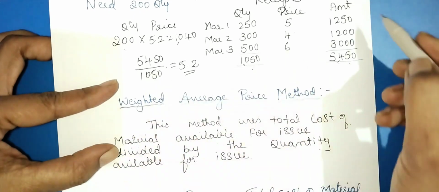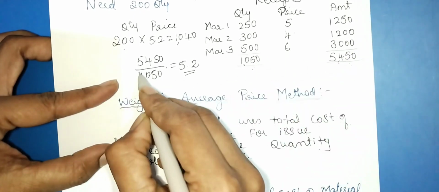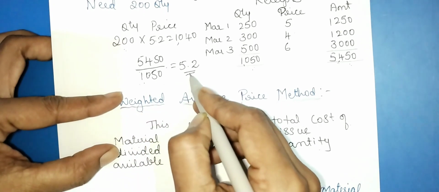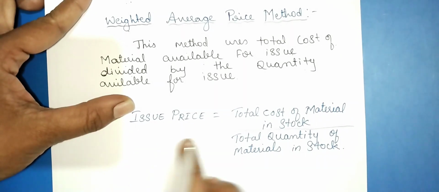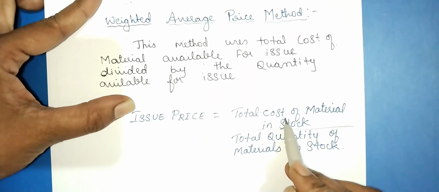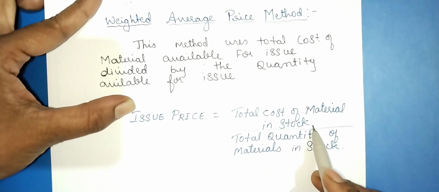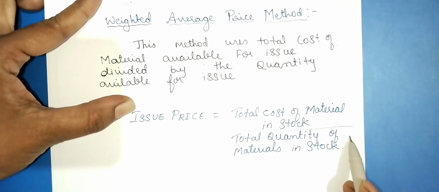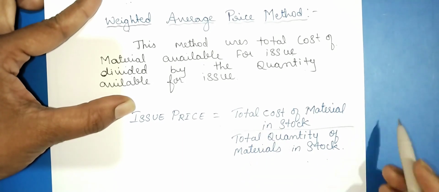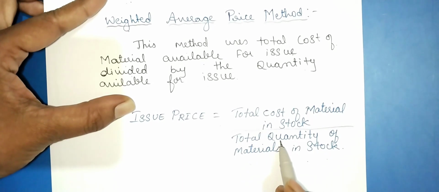So here you are taking the total cost divided by total quantity. That will be your issue price. Here you can see the issue price formula: issue price is equal to total cost of material in stock divided by total quantity of materials in stock. This is cost and this is quantity.